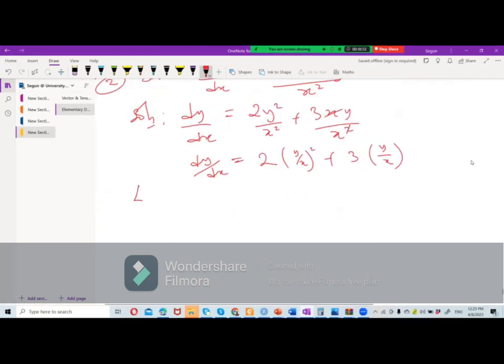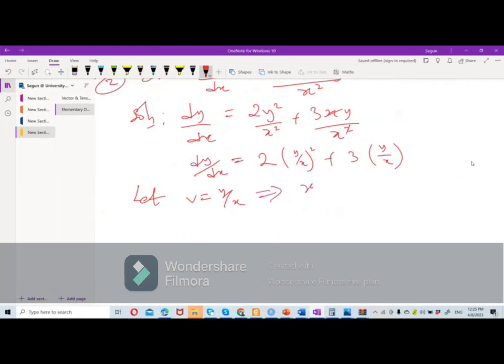So let v equals y over x, which implies vx equals y.